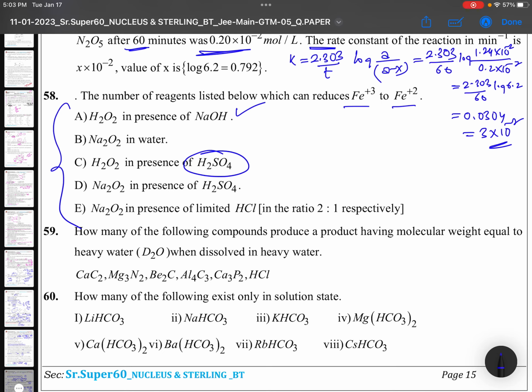Fe plus 3 to Fe plus 2, not in acidic medium. So all these you can take. So 58 here. Let me go with this paper setter. H2O2 in basic medium reduces Fe plus 3 to Fe plus 2, as mentioned. So this is okay. This is also okay. Na2O in water is fine, not in acidic medium.